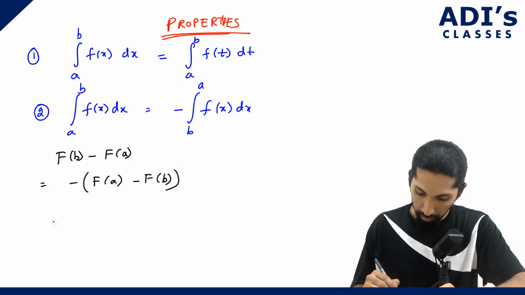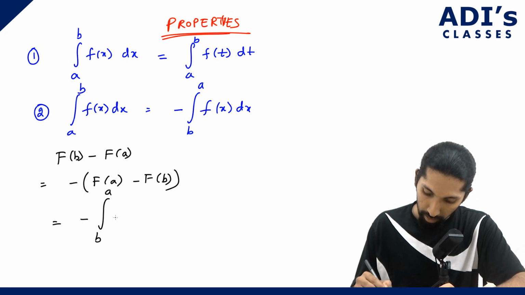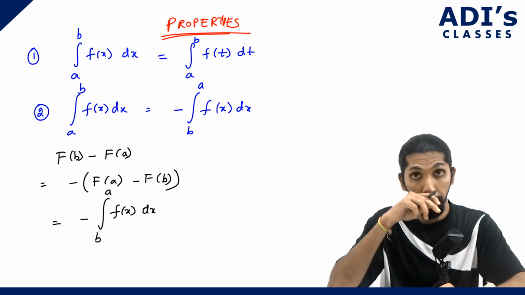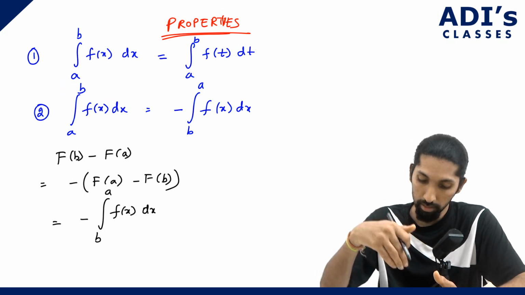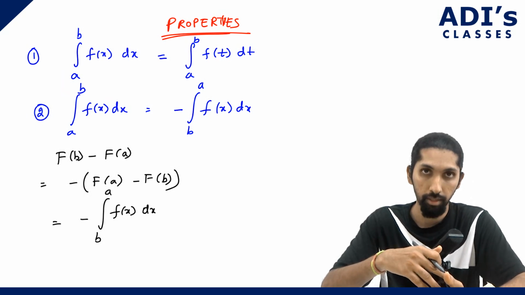This is nothing but minus of integral b to a f of x dx, because the upper limit is a and the lower limit is b. So this is the proof, very simple.